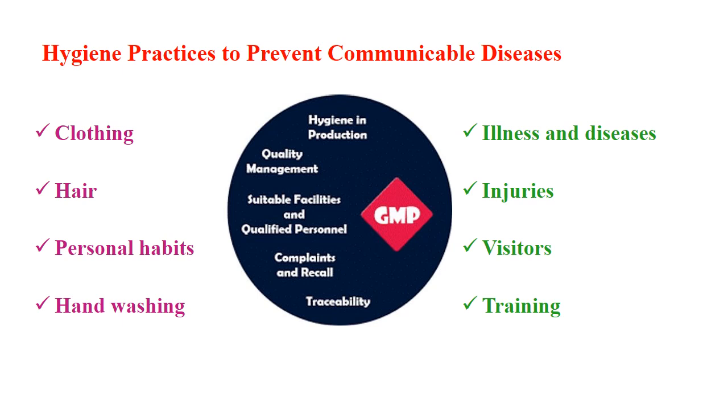And training is very important for the workers, because they should be made aware of the importance of all these aspects, and it has to be repeated once in a while, maybe every 3 months or every 6 months, so that they do not take it casually.